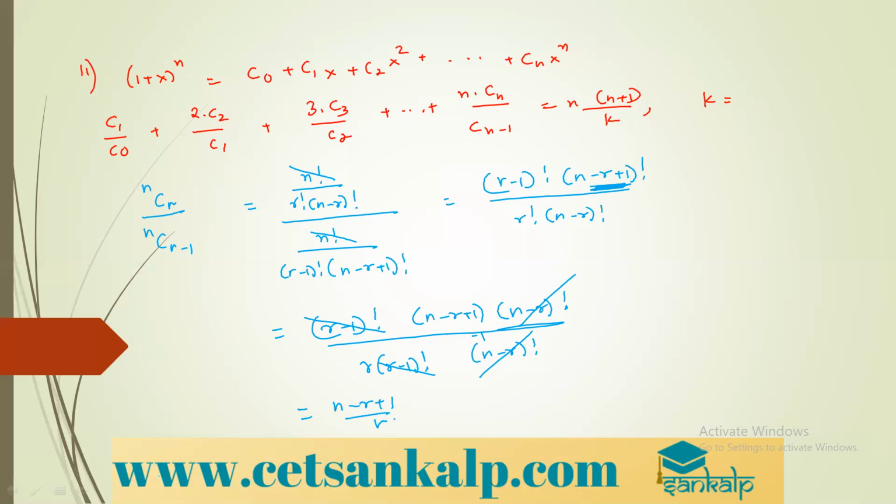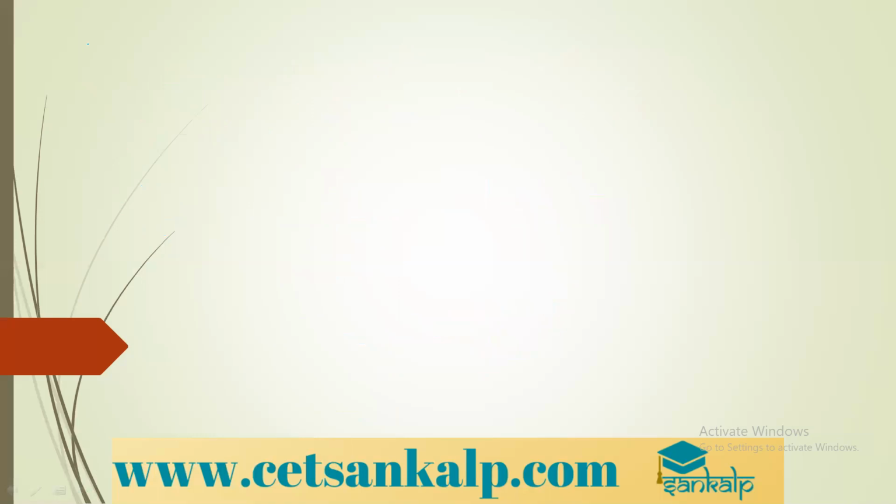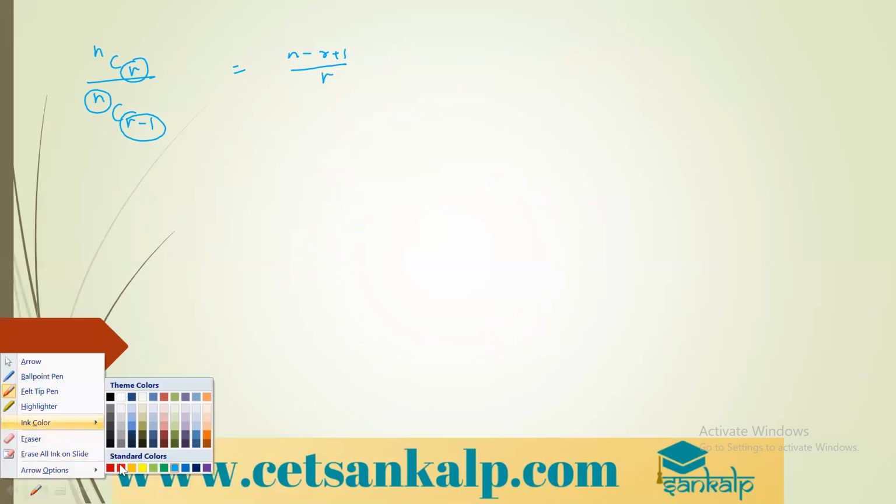So this formula you can remember. Whenever you have nCr by nCr-1, you can take n-r+1, and by this r you can write. Why am I telling you this formula?